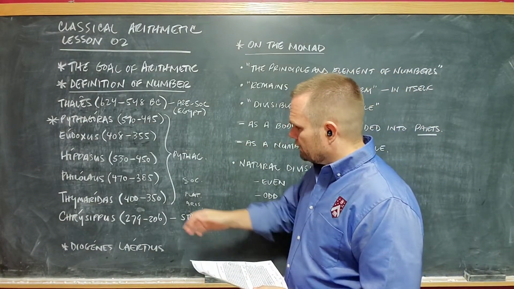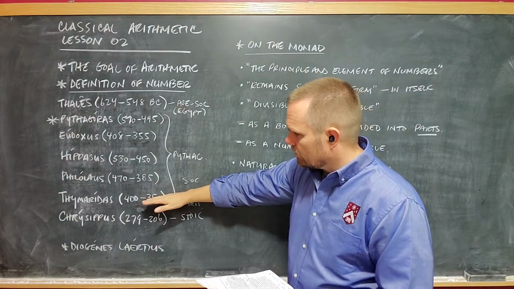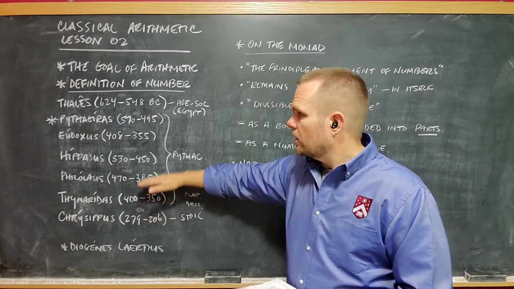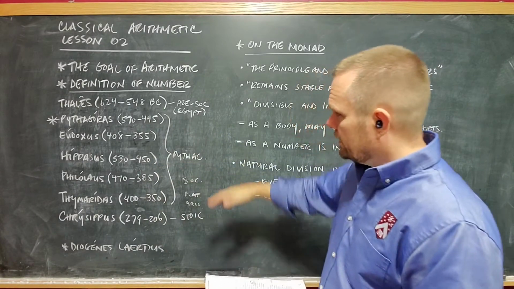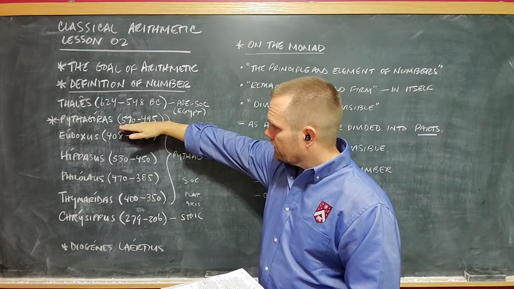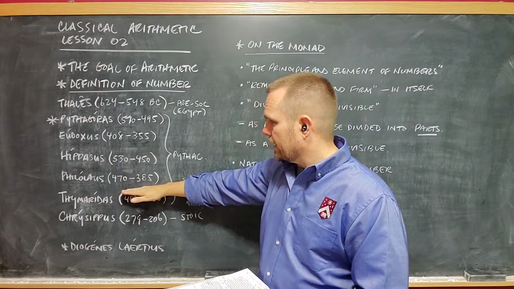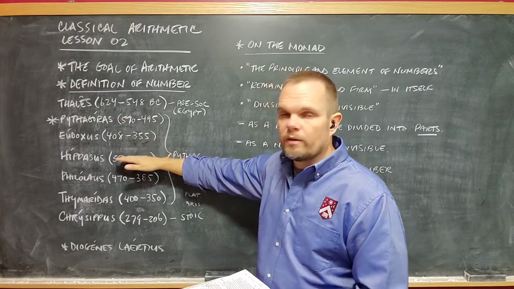All right, and that wraps up this sort of introduction to the history and development of the definition of number among the Pythagorean philosophers. And we see the dates are from around 600 BC down to 350 BC. So 600 to 350 BC.